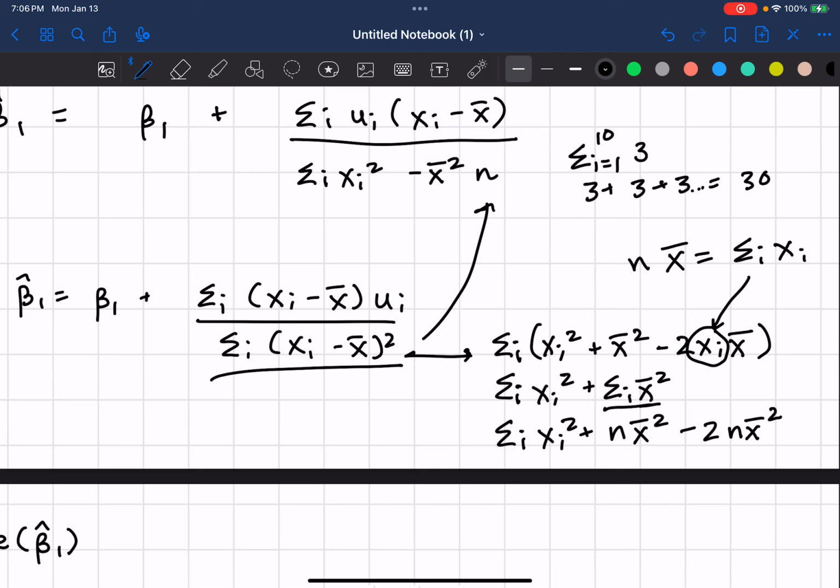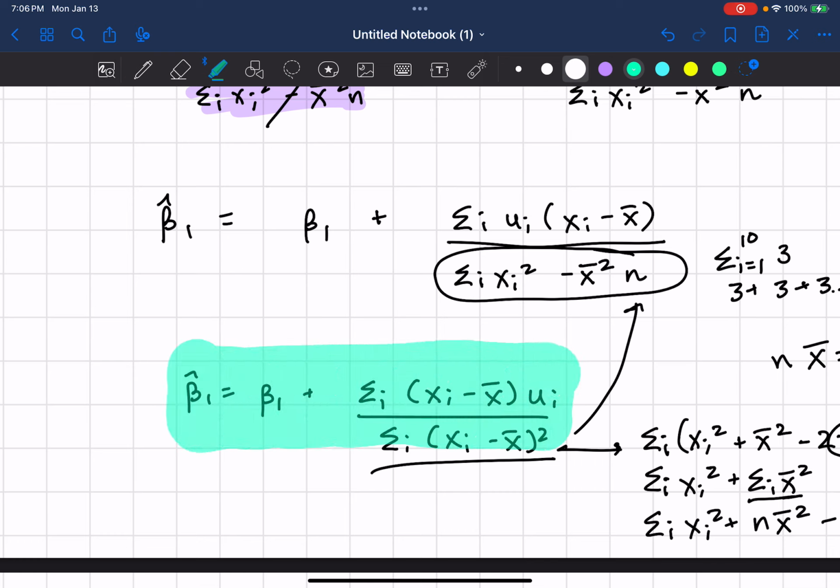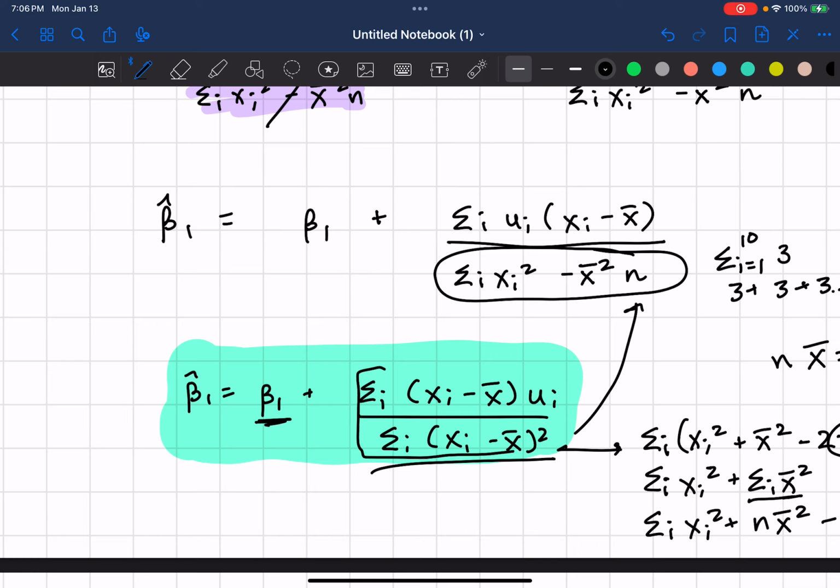So we have sum I xi squared plus something and minus 2 of that thing, which just comes down to minus 1 of that thing, which makes it equal to that. So we've shown what we wanted to show here. Beta hat 1 is equal to the true value of the relationship between x and y, beta 1, plus this term, which is a function of the data x and the unobservable term.